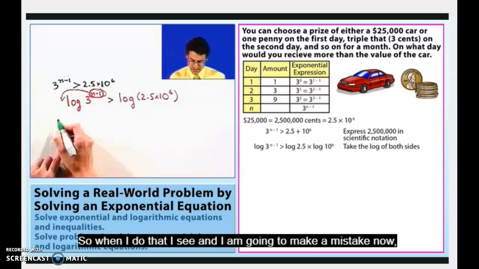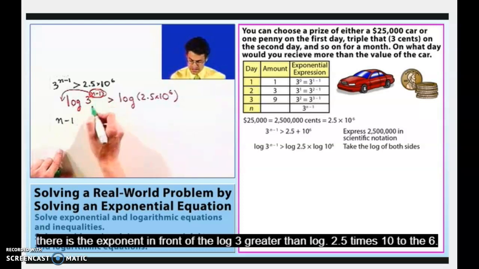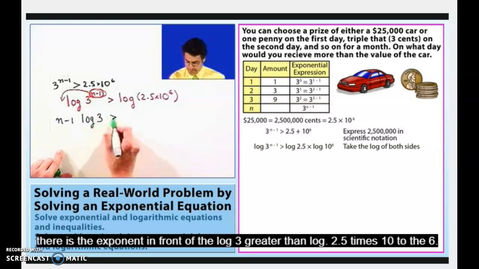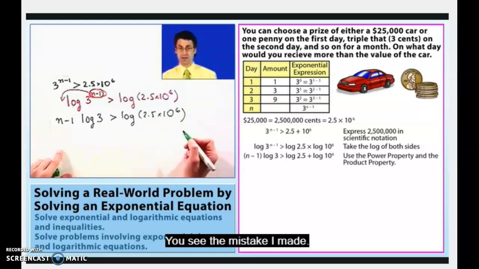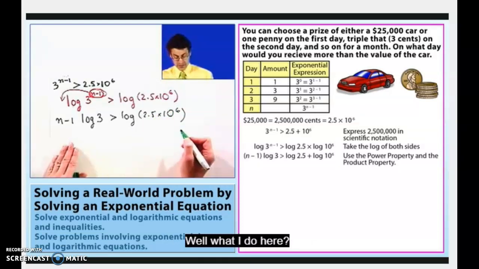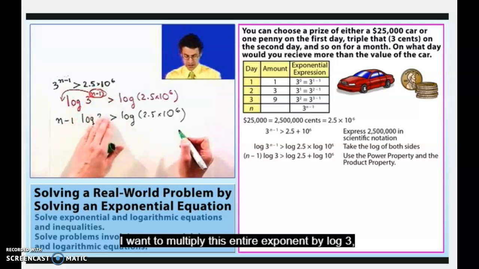So when I do that, I see, and I'm going to make a mistake now. See if you can figure out the mistake I'm making. I see n minus 1, there's the exponent, in front of the log 3, greater than log 2.5 times 10 to the 6th. Do you see the mistake I made? Well, I want to multiply this entire exponent by log 3.